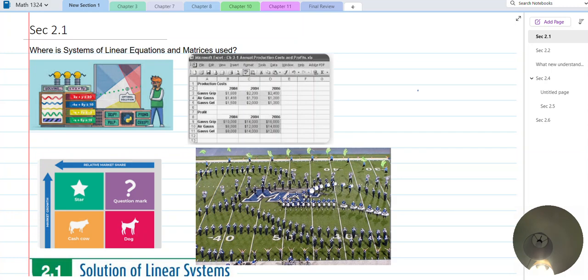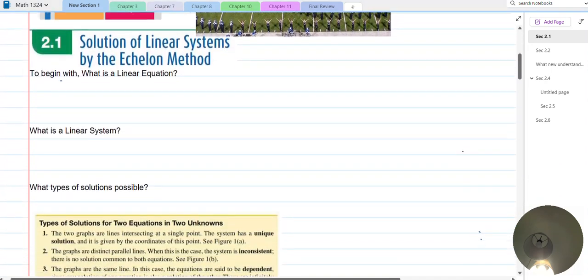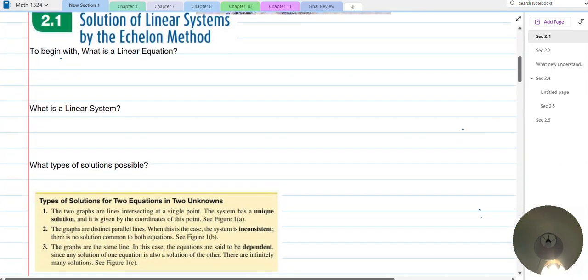It is the systematic change of several people in lines to create a shape or drawing in a marching band scenario. So all of these are items that use a matrix to make sure there is success in whatever they're attempting to complete. So now let's get started with our lesson.